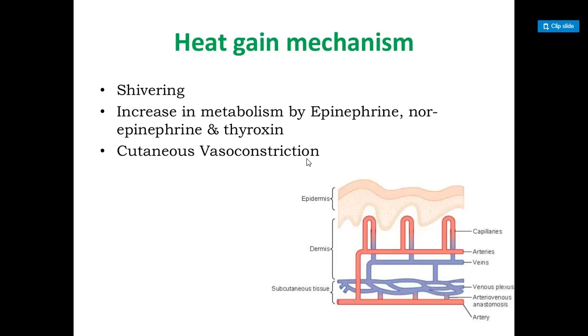Another thing your body does, which is not mentioned in this picture, is that the hair on your skin stands erect. You see goose pimples, goosebumps. When you are cold, what happens?